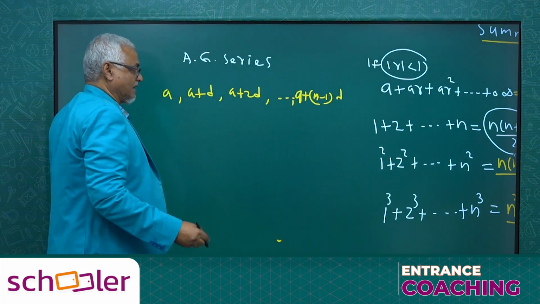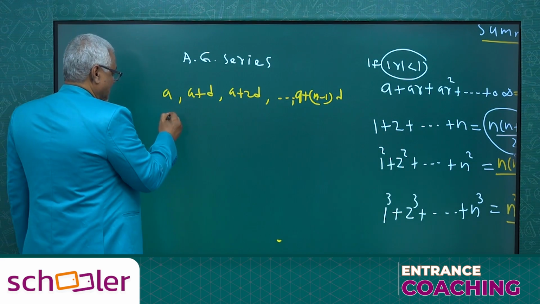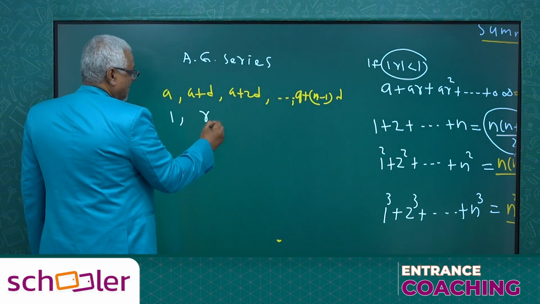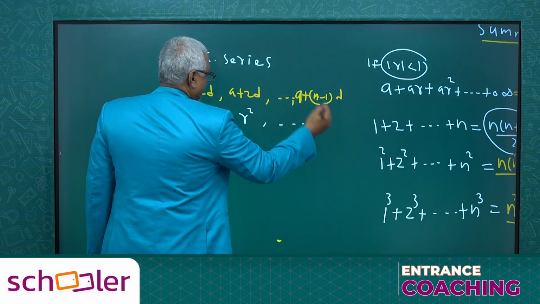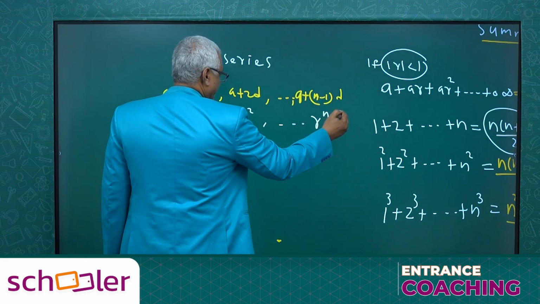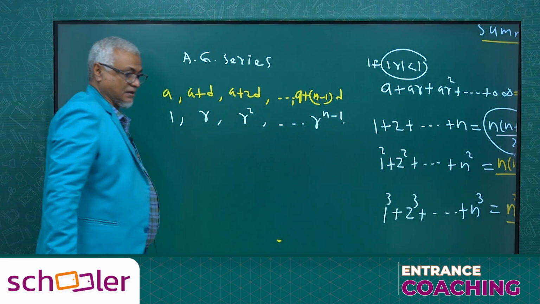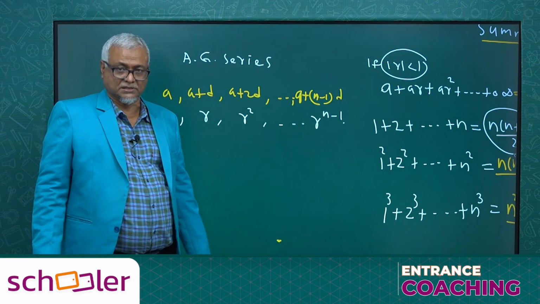We know that all are in arithmetic progression. And 1, r, r square, etc., r raised to n minus 1, in terms of a geometric progression.